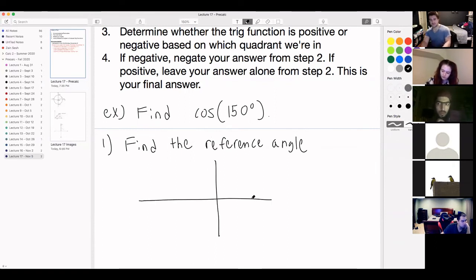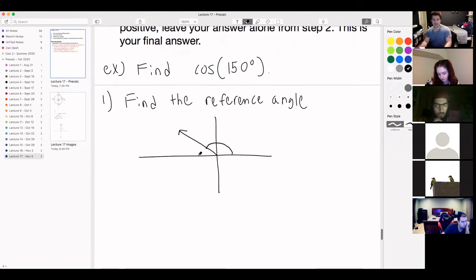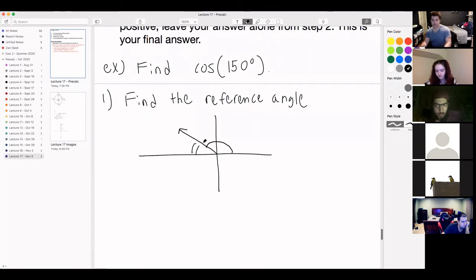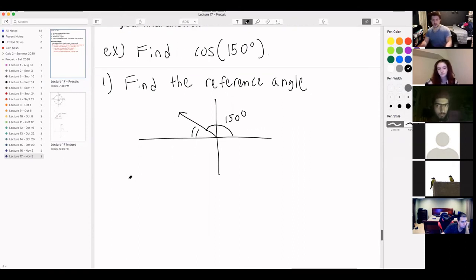150 degrees. So 150 degrees is going to land us in the second quadrant. It's going to be something over here. And we would like to find this angle right here, the angle it makes with the negative x-axis, okay? That's the part of the x-axis closest to 150 degrees. So what do we do for this one?